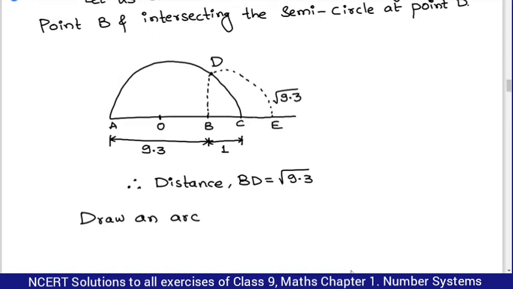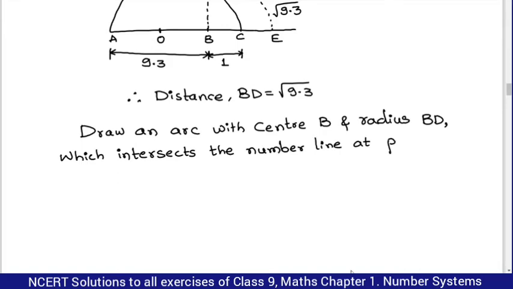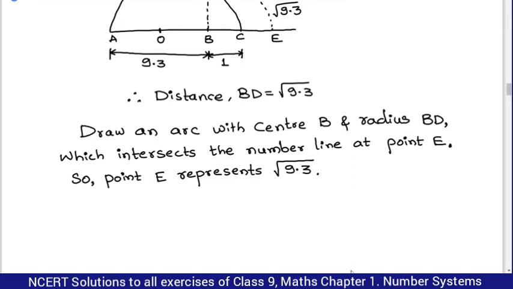Draw an arc with center B and radius BD which intersects the number line at point E. So, point E represents square root of 9.3.